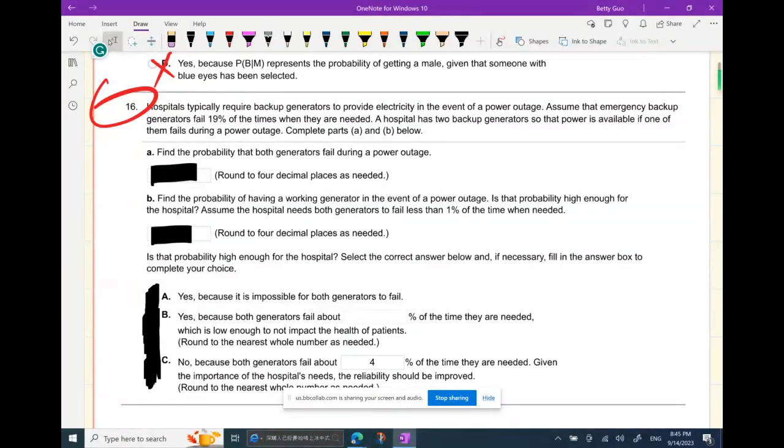A hospital has 2 backup generators, so that power is available if one of them fails during a power outage. Complete parts A and B below. Part A: find the probability that both generators fail during a power outage.